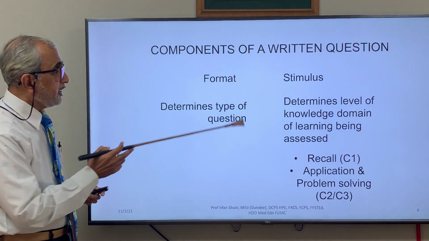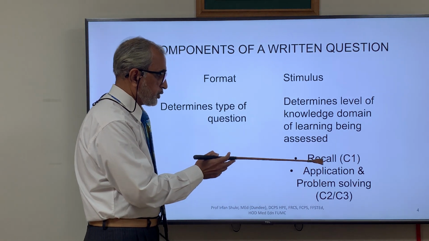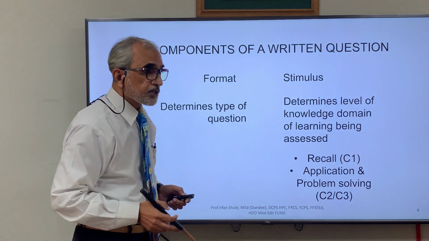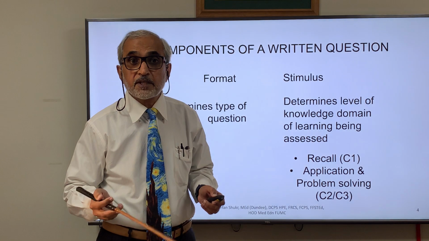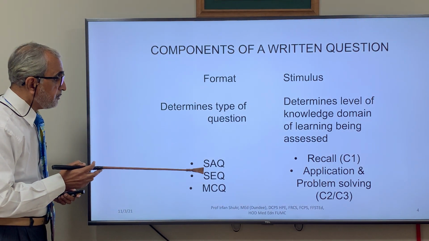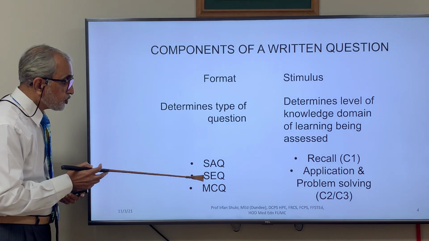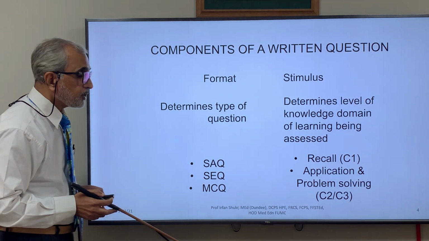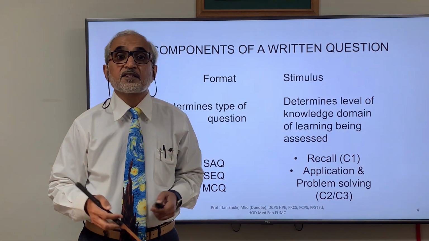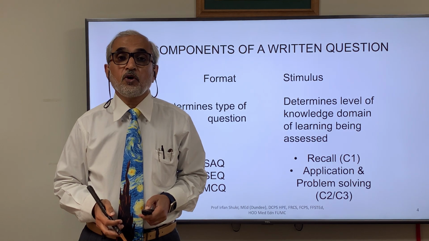Meaning the stimulus determines whether the question is of recall, which is C1, or application and problem solving, meaning C2 or C3. And it's the format which is going to determine whether the written question is a short answer question, short essay question, multiple choice question, and even extended multiple choice question, true false question, and so forth.